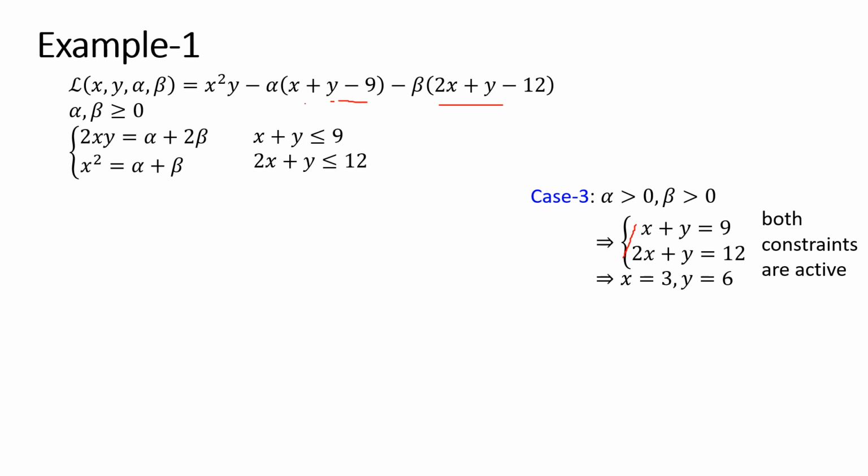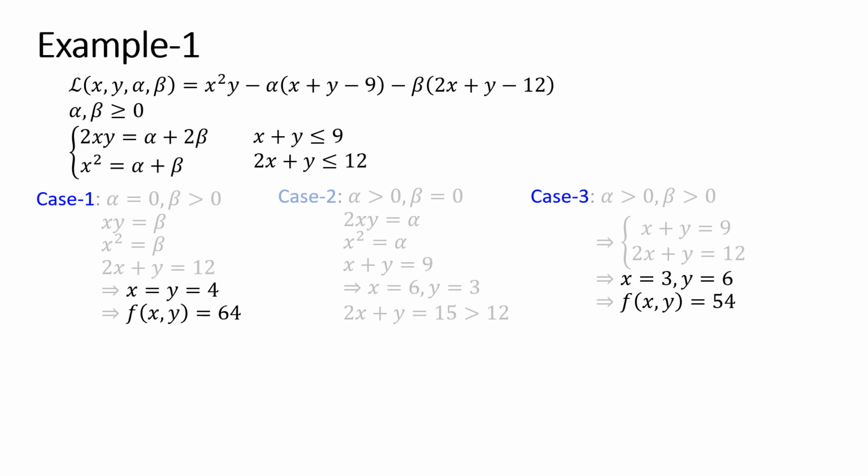And the solution is x equals 3, y equals 6. And it can be seen that this is feasible because we just solved for these two expressions being equalities. And f of xy is 54 in this case. Since this is a feasible solution, we retain it.